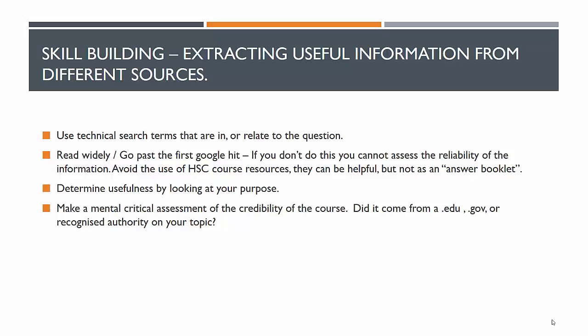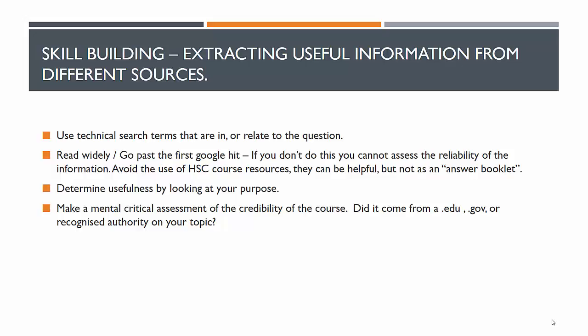The next one is being read widely. So you got to go past the first Google hit, or even the first page sometimes. Particularly if we get into the habit of searching for, we type in adaptations to assist in temperature regulations, Australia. Those types of resources are out there, but you got to look a little bit broader than that.